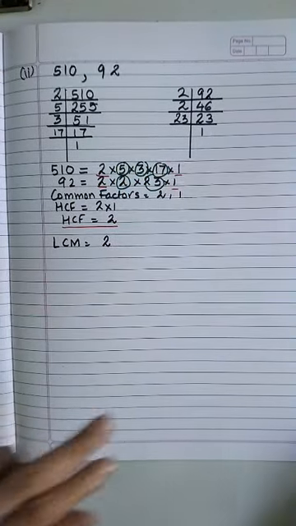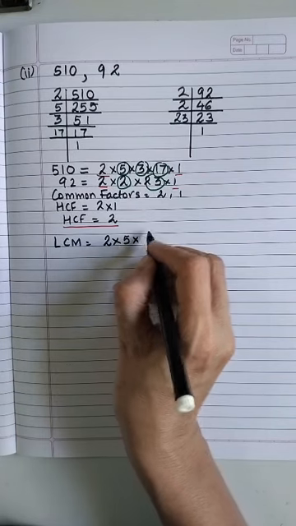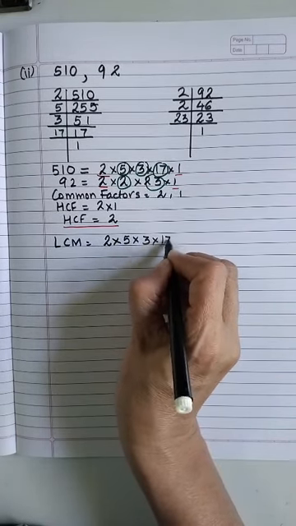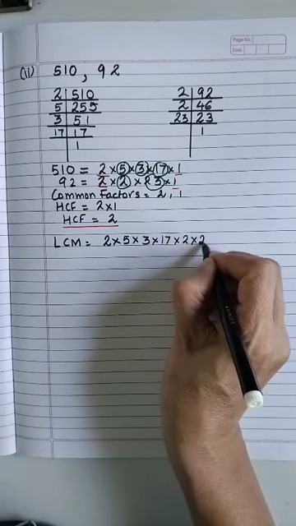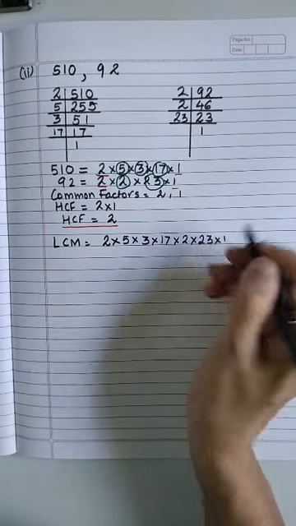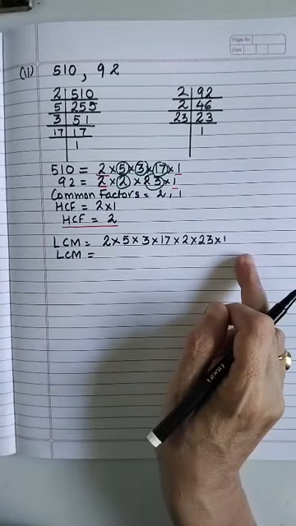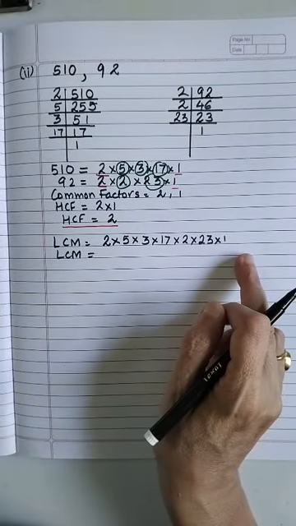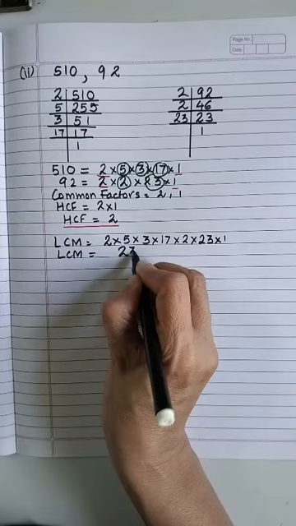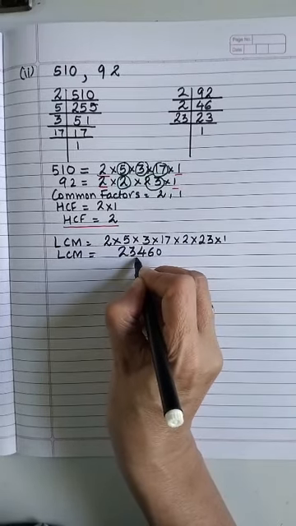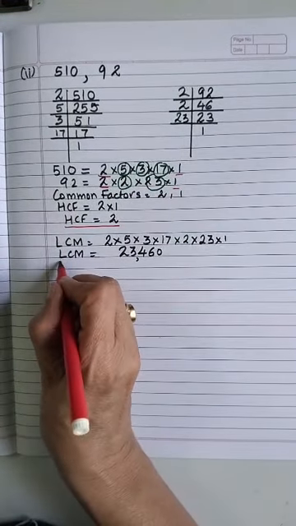And thus LCM is equal to 2 into 5 into 3 into 17 into 2 into 23 into 1. So LCM of given number, the product of these prime factors comes as 23,460. And thus this is the least common multiple.